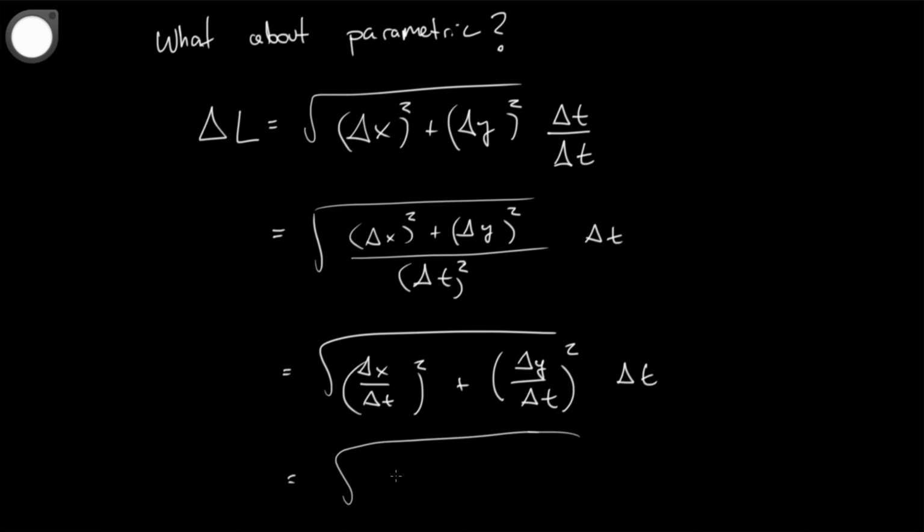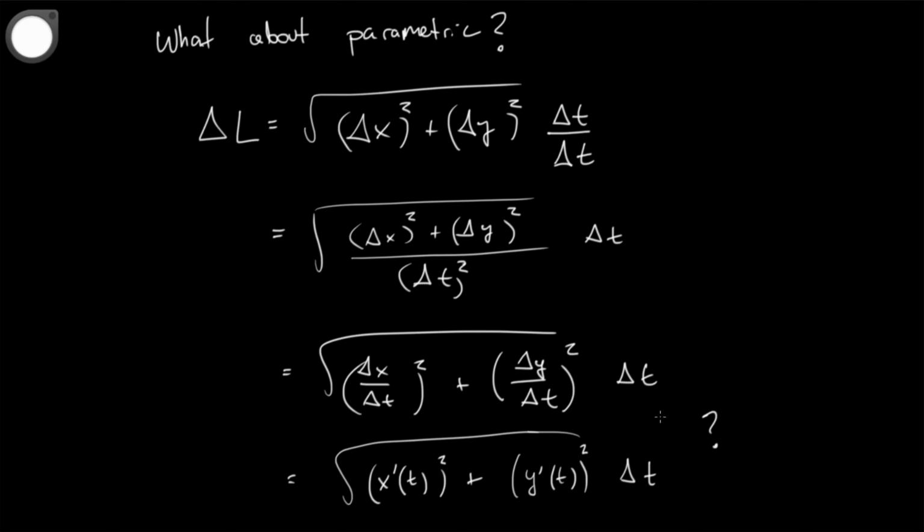All right, can I turn delta x over delta t, as I've been doing, into the derivative of the x function in the parametric curve? Right? And can I turn delta y over delta t into the derivative of the y function for the parametric set of equations? Am I allowed to do this?